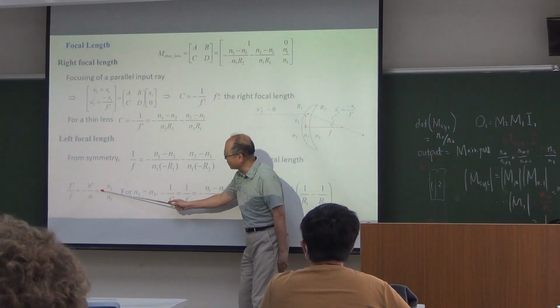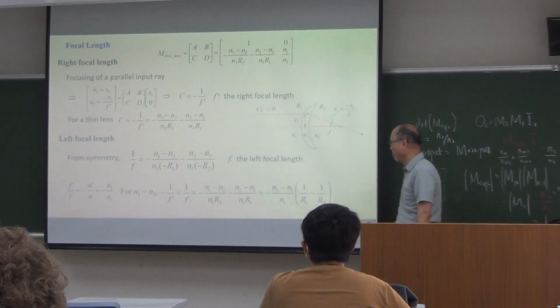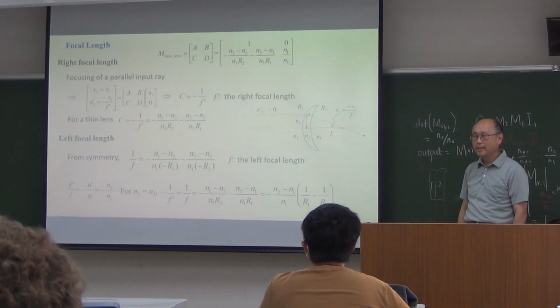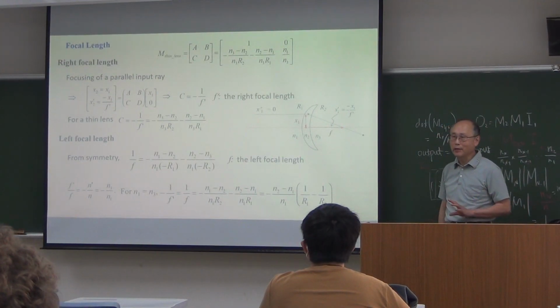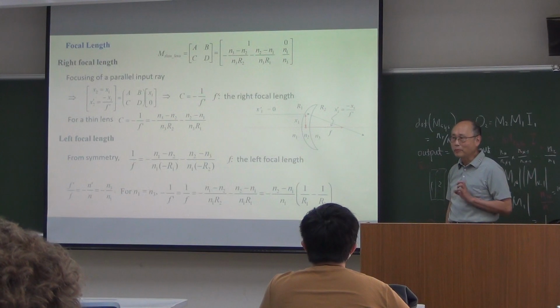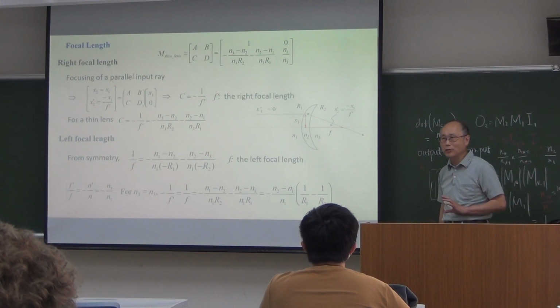That is why you have a negative sign in front of it. So for geometric optics, you have to keep track of the sign. Otherwise, you won't be able to interpret the optical system properly.